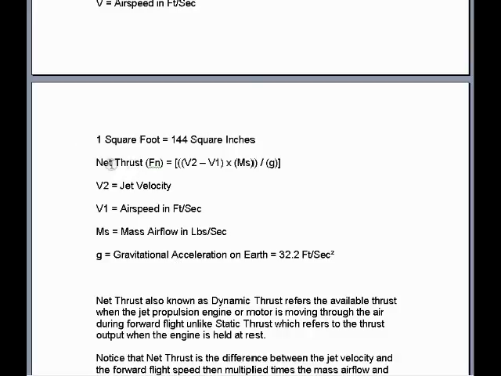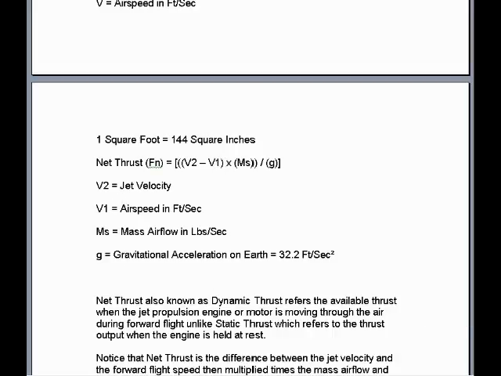This only exists when the airplane is moving. When the thrust output exists and the airplane and motor are held at rest, then there is no net thrust, it's only static thrust. So since we're moving here in flight, this would be a net thrust calculation, which is simply the difference between the jet velocity and the forward airspeed in feet per second.